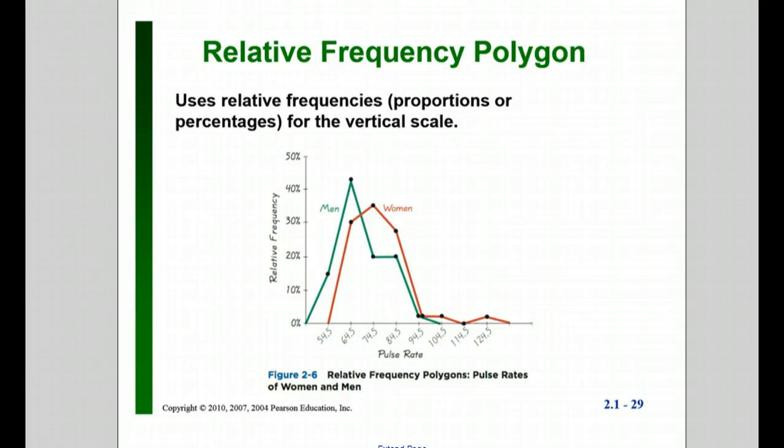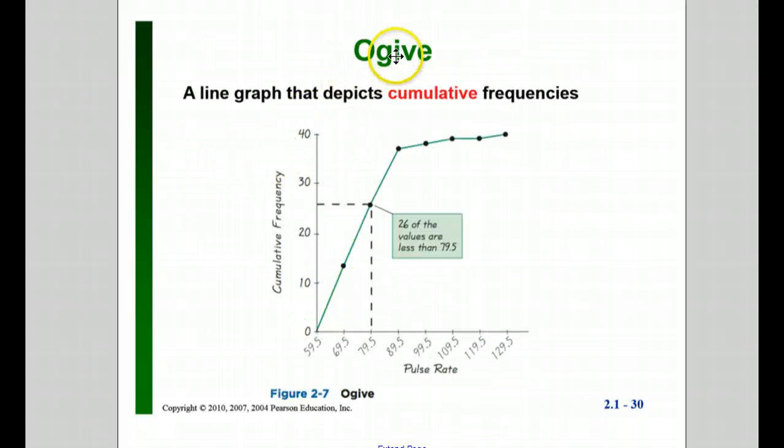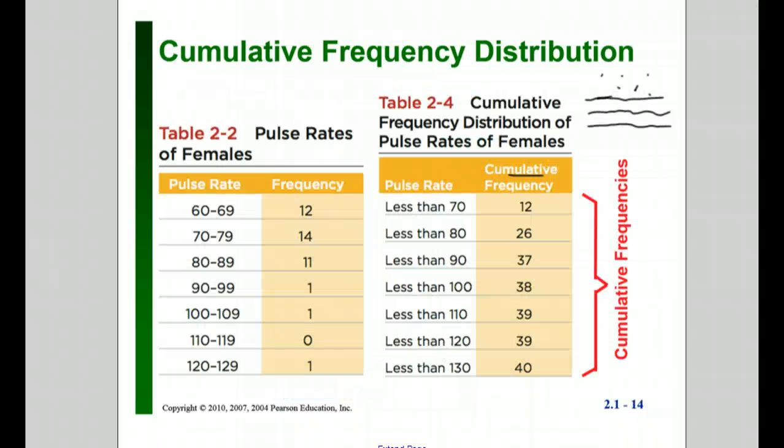Alright, some other ones that we see. This is an ogive, or an ogive, some people pronounce it that way. But what an ogive is, it's basically a frequency polygon for a cumulative frequency. This is something we saw in our last slides. Remember, we got the cumulative frequency from adding these numbers together.